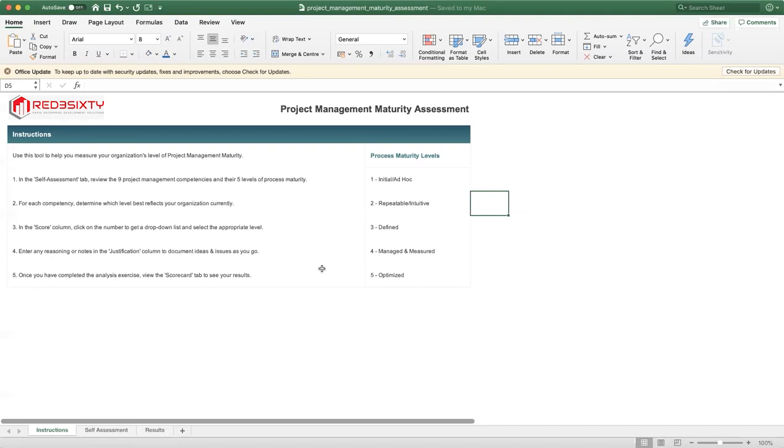So if we look at the self-assessment structure, again, ranging from 1 being ad hoc, 2 being repeatable, 3 being defined, 4 being managed and measured, and 5 being optimized. This is the process maturity rating that we'll be applying to each one of the sessions.